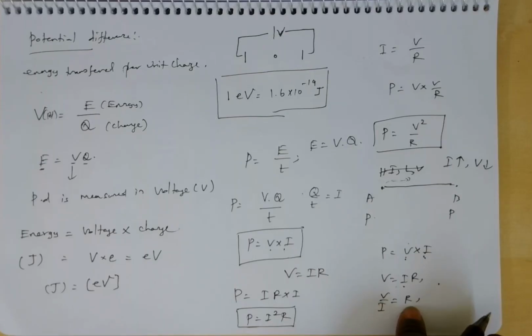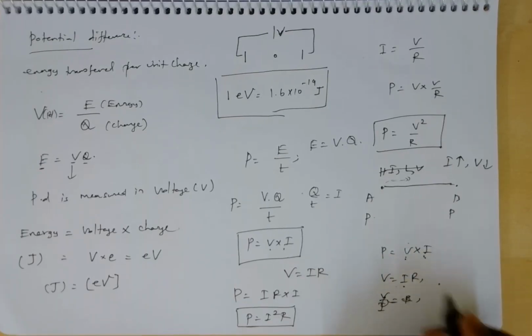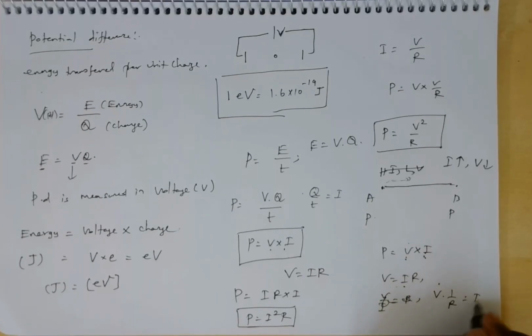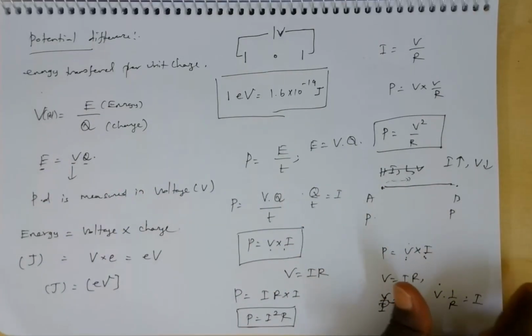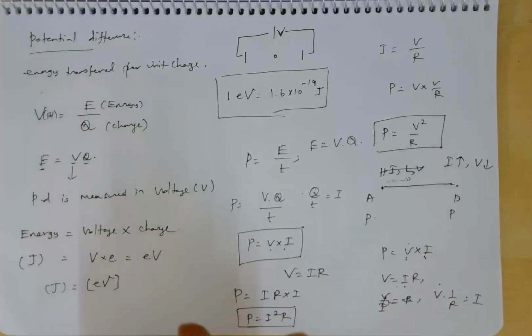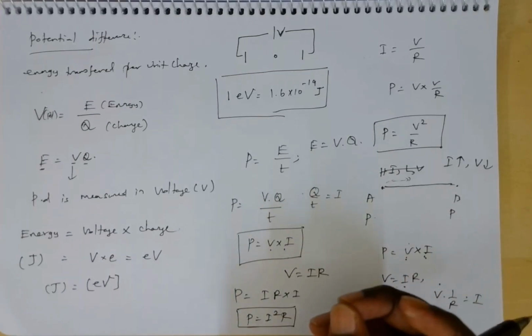So V into 1 by R is equal to I. Actually, what happens? More current means more charge carriers flowing, right? More charge carriers flowing means more resistance. So the wire will heat up.